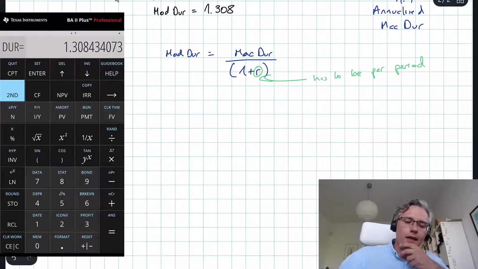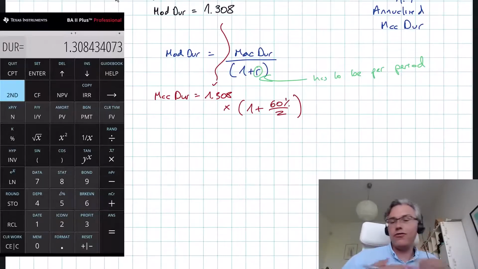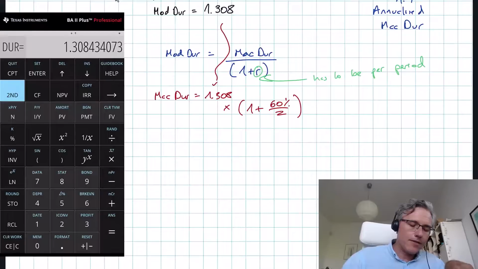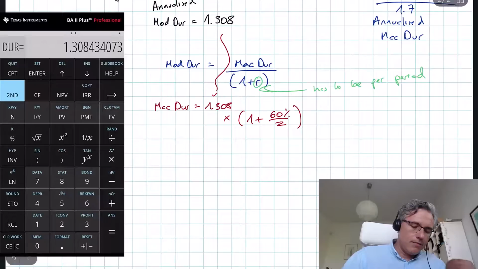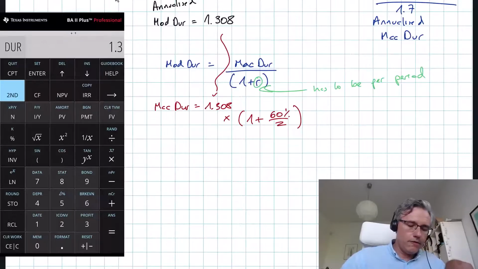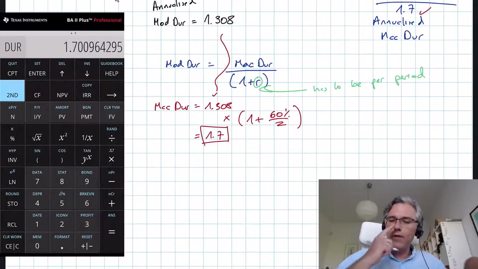So Mac duration would be what your calculator displays, 1.308, multiplied by 1 plus half of 60%. So just a factor of 1.3. Let's see if that works. This multiplied by 1.3 gives 1.7, which is what we computed the long way.